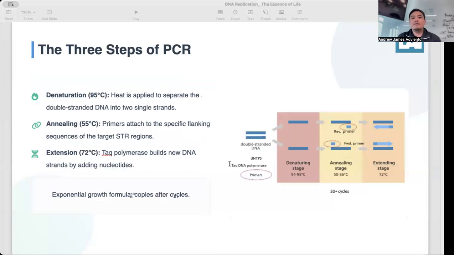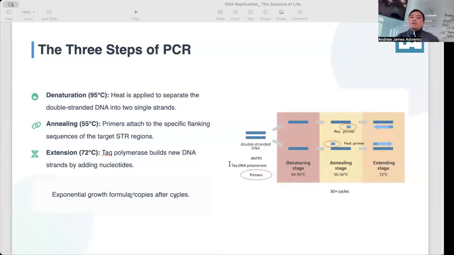So the three steps of PCR. So PCR works in a cycle of three temperatures. First, we denature. So we heat the DNA to 95 degrees Celsius to unzip the double helix. Second, we anneal, ANNEAL.